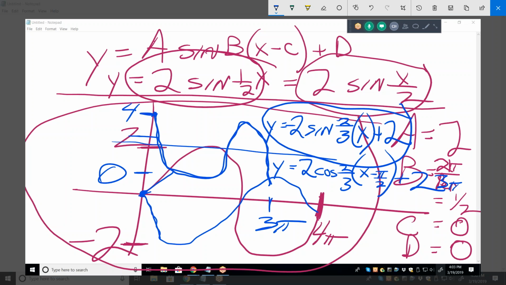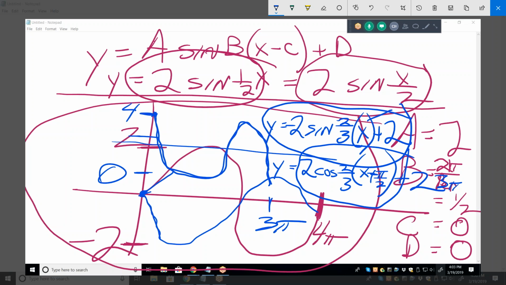So, you're right in that there are an infinite number of sinusoid functions that will represent a given curve. But I would never use this one because that has a phase shift of pi over 2. Actually, I think it's plus. And this one had no phase shift.